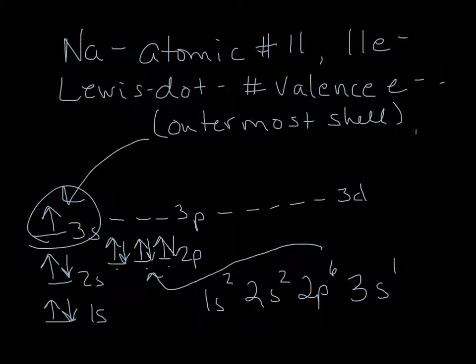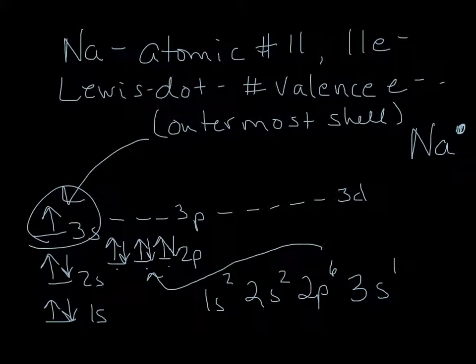So that's why my Lewis dot would be Na with 1 dot. All of this that we've been talking about works together. It's all different ways of telling me where electrons are in the atoms. And it's these valence electrons that are responsible for a reaction. Those are the ones that get moved around.